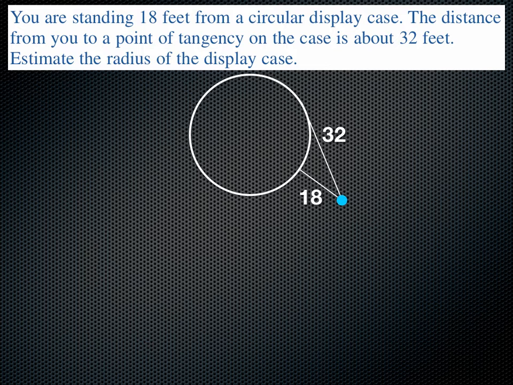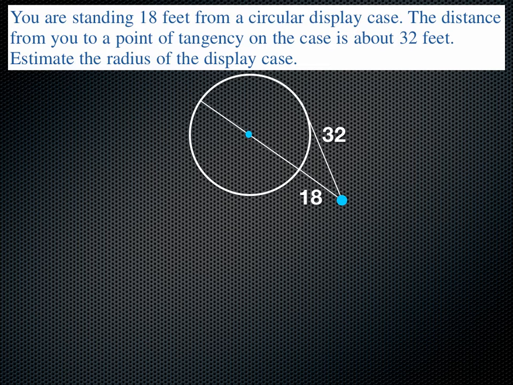Now it asks us to estimate the radius of the display case. If you notice, I have a tangent segment, and if I want to use a tangent segment in a theorem, I need to have a secant segment. So go ahead and make the line that's measuring 18 go all the way through your circle. If you notice, that creates a secant segment. It's also the diameter of the circle.